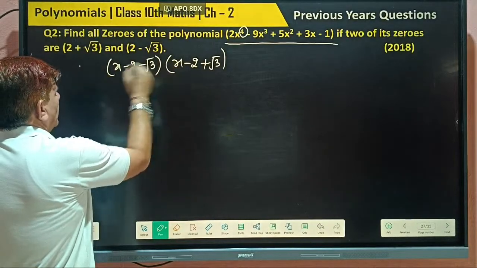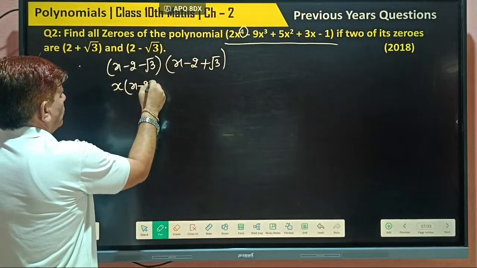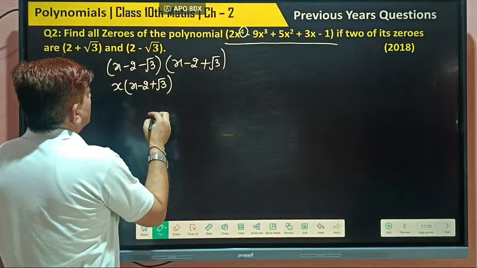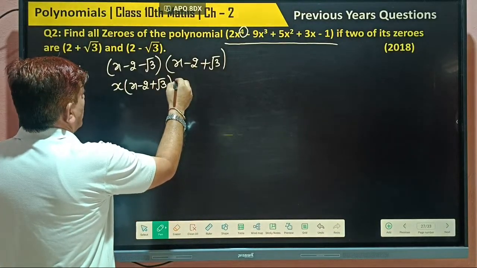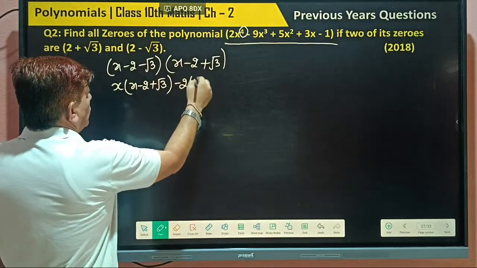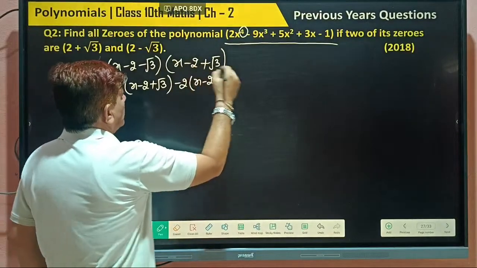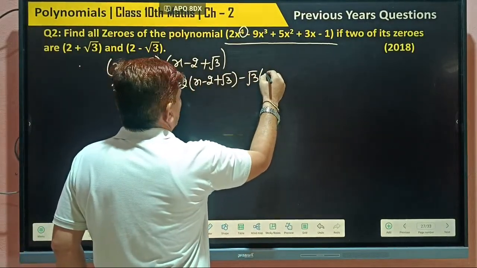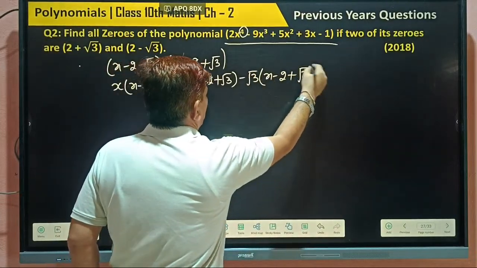So what does it become? x square, x into x minus 2 plus root 3. Understood? And then minus 2 into x minus 2 plus root 3. Then minus root 3, x minus 2 plus root 3.